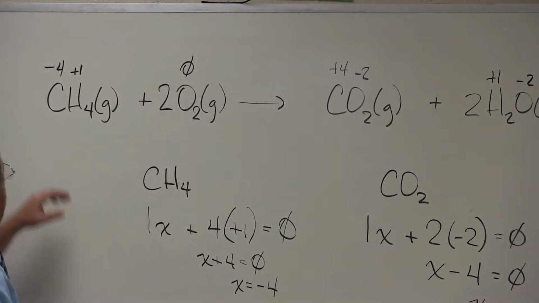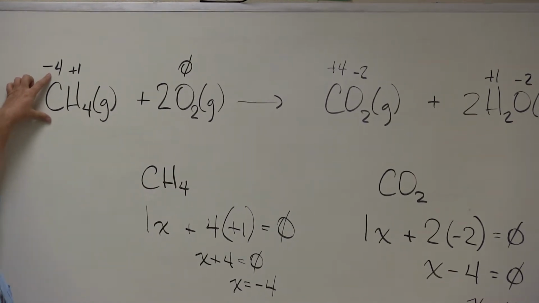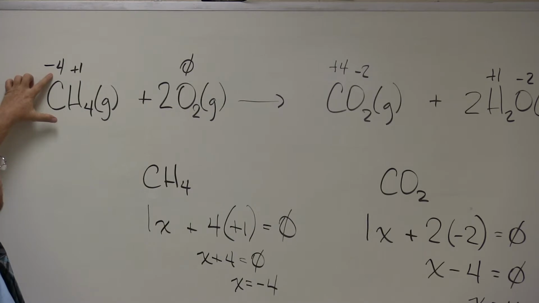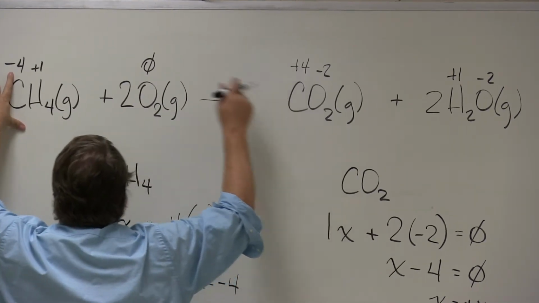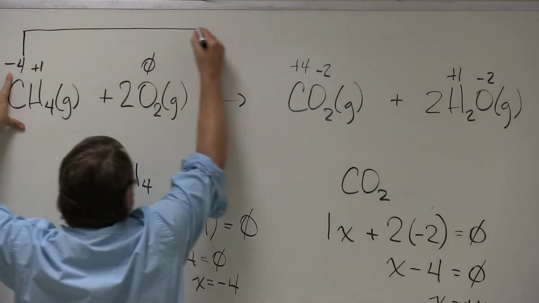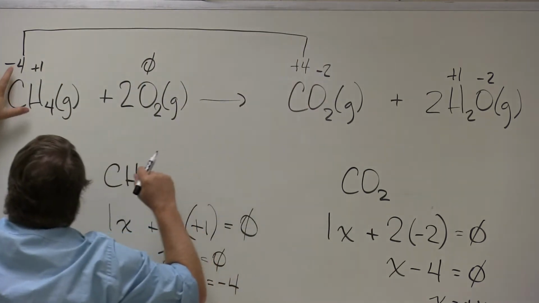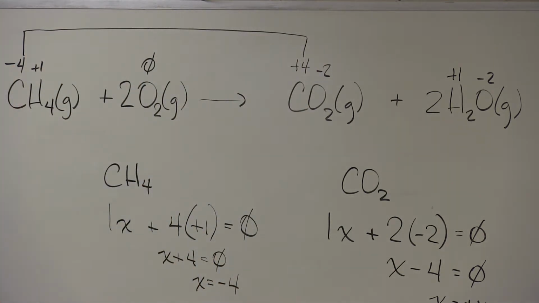So let's look what happened here. The carbon started out in methane, natural gas, as -4, ended up in carbon dioxide as +4. So what happened there? Well, as we went from -4 down here to +4 up here, to do that, we have to lose electrons.